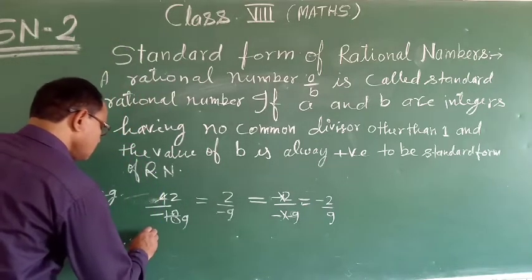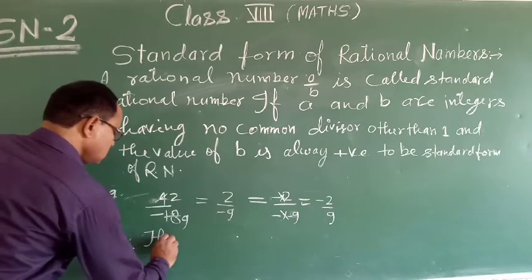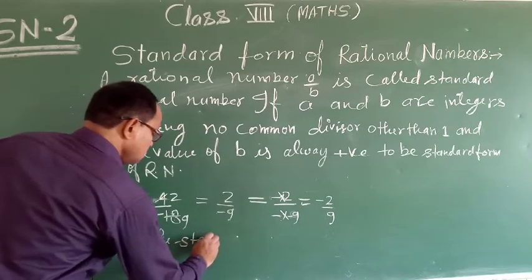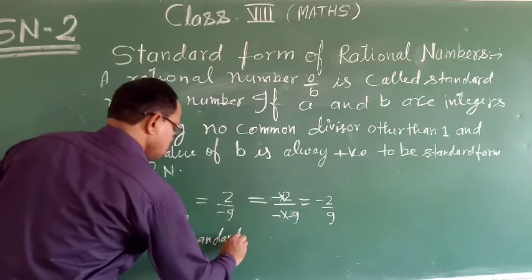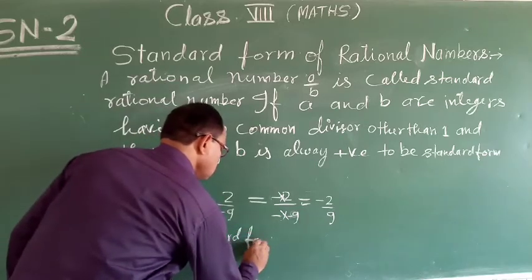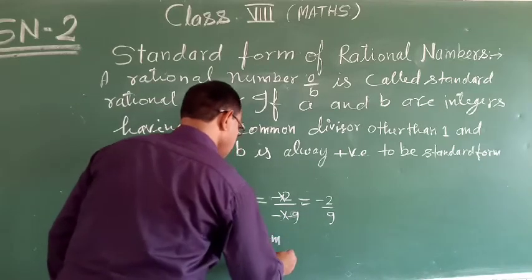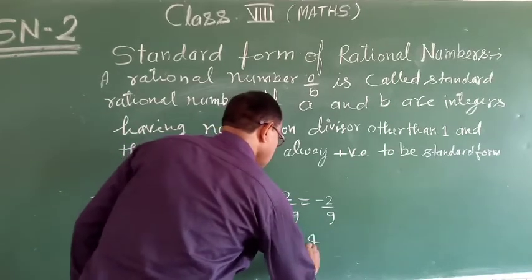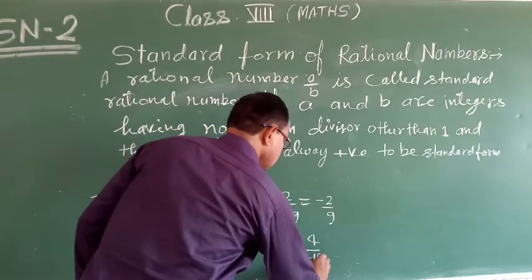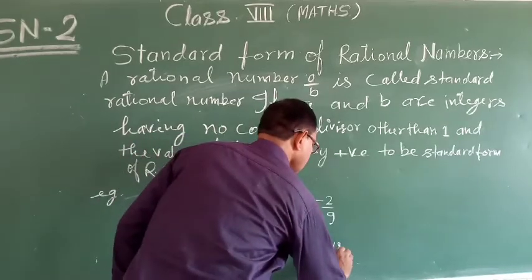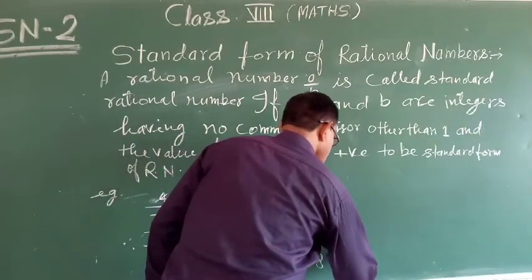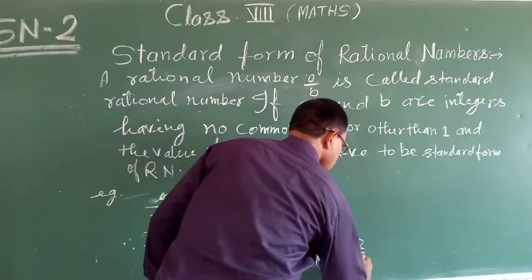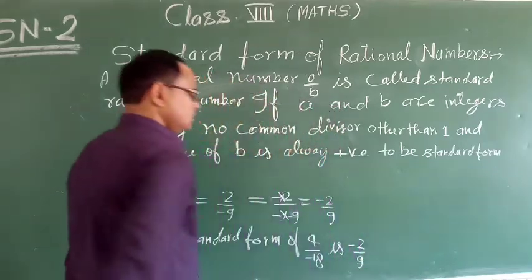Therefore, the standard form of 4 upon minus 18 is minus 2 by 9.